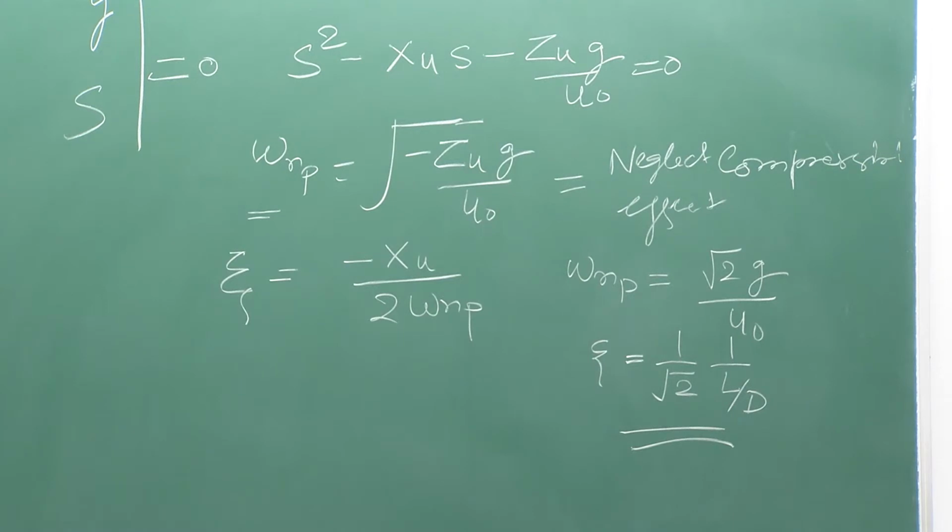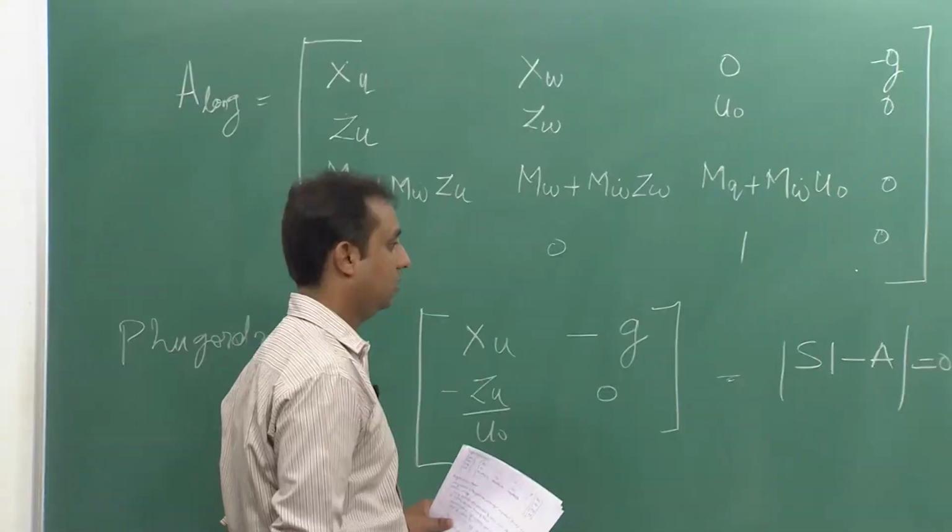I am just repeating what was taught in the previous lecture. So this is for phugoid mode. Now we will be seeing short period mode.